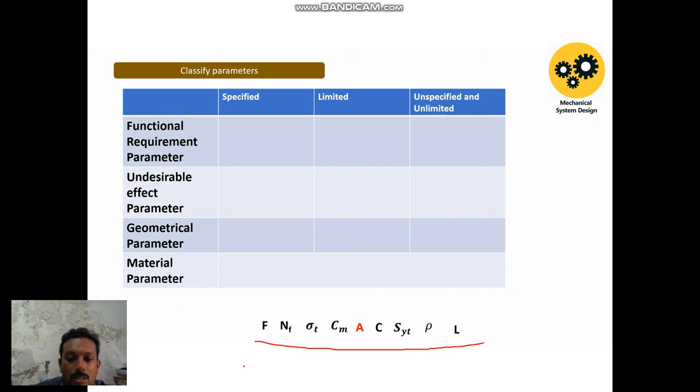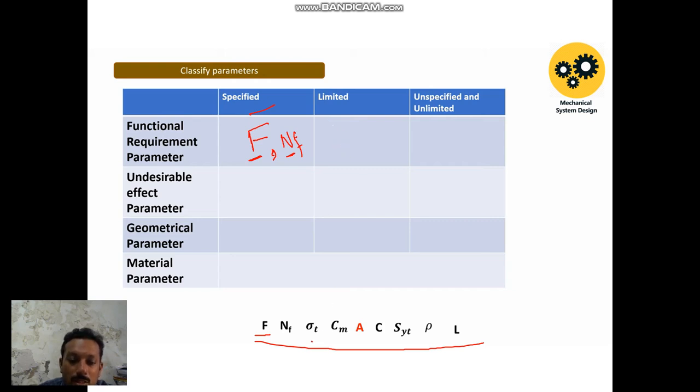Now this F is a specified parameter because it is already given. Then the factor of safety nf is given, so it will be a functional required parameter, but as a specified parameter.